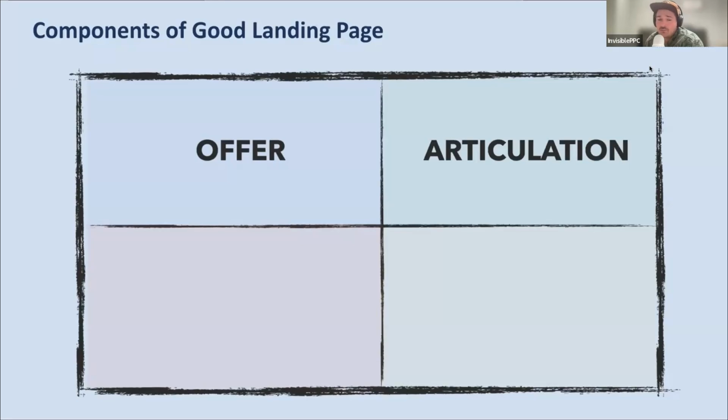And that's really all about both the offer and the articulation of the offer. Articulation requires consistency, right? So when you're cultivating an offer, the great thing about PPC landing pages is that you have a lot of control over the targeting. You know what they're looking for, and you kind of know where they are in the customer journey.